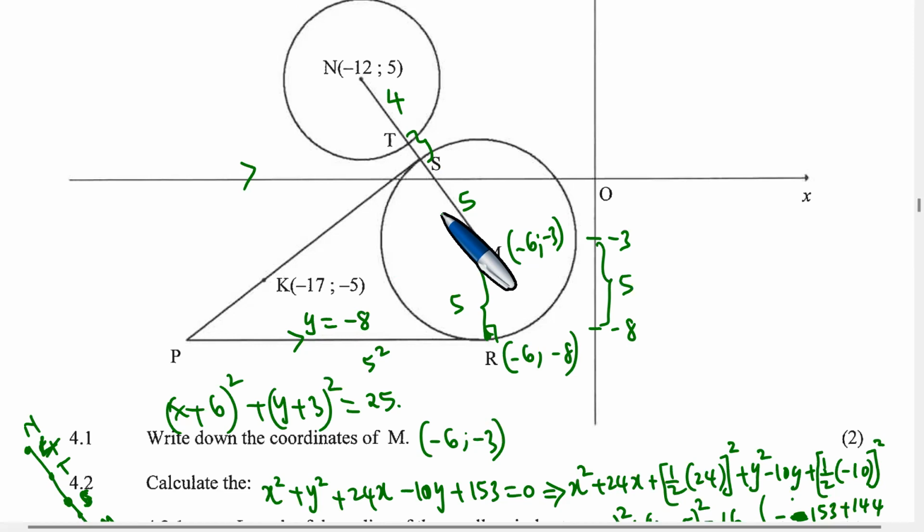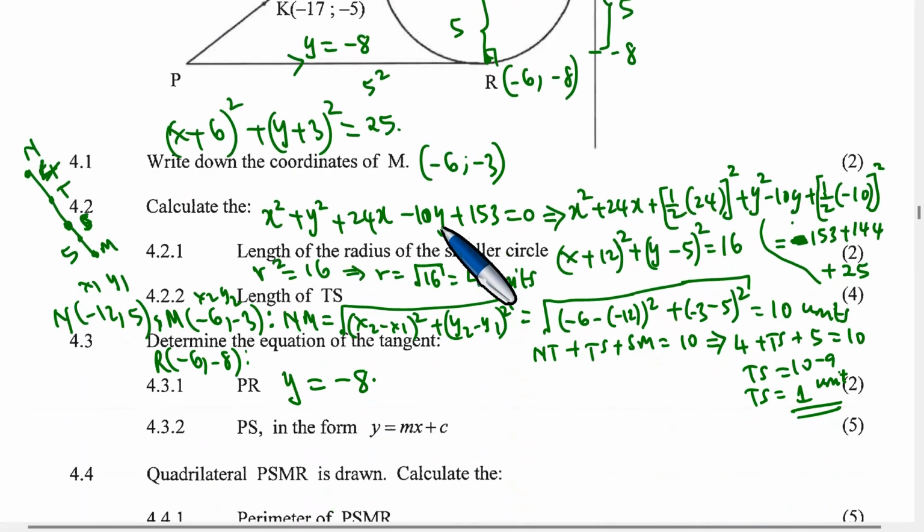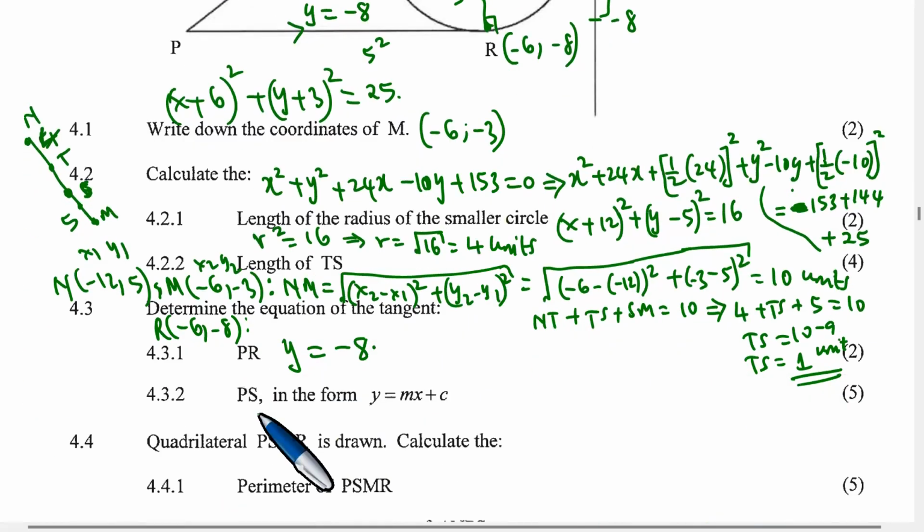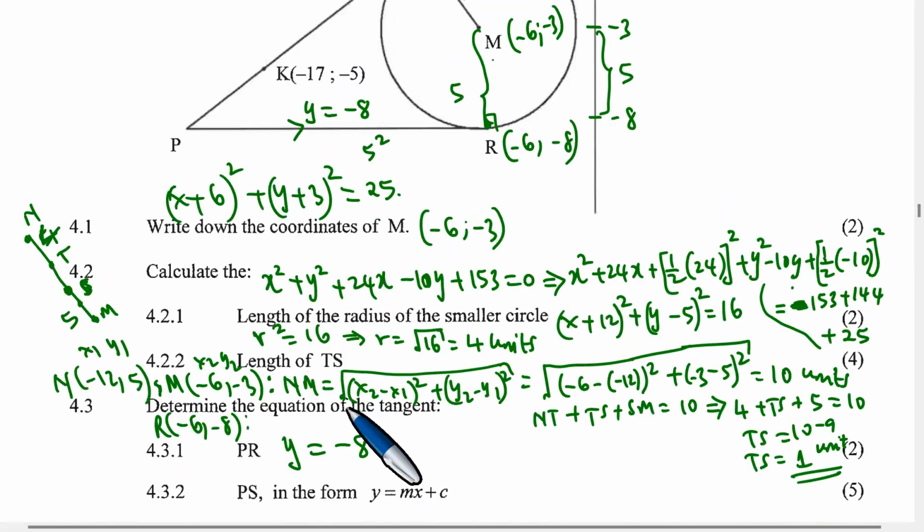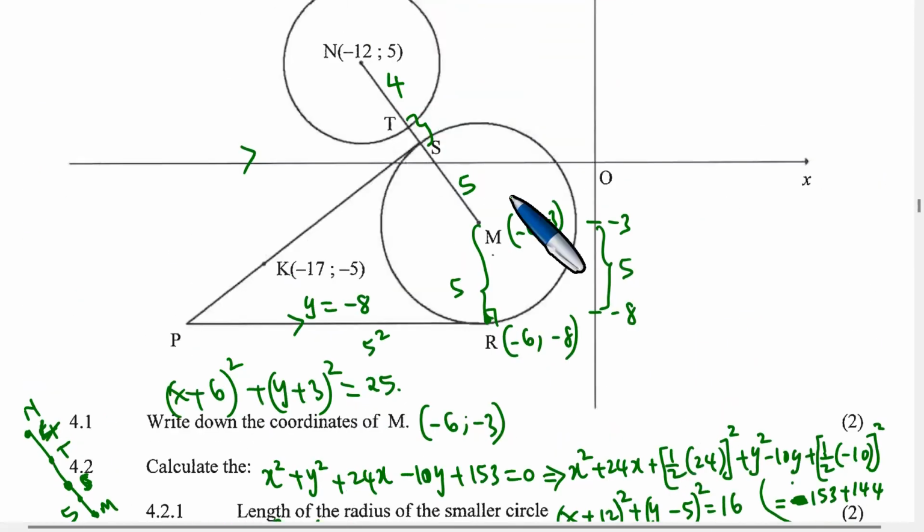So, which means that the equation of the tangent PS, let's find that one in 4 points.